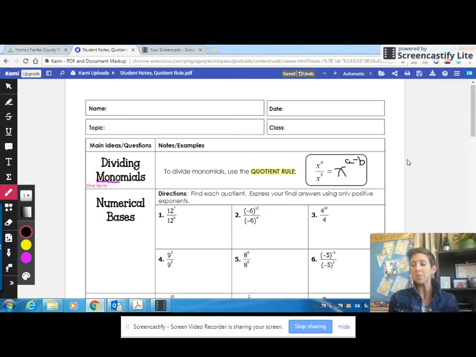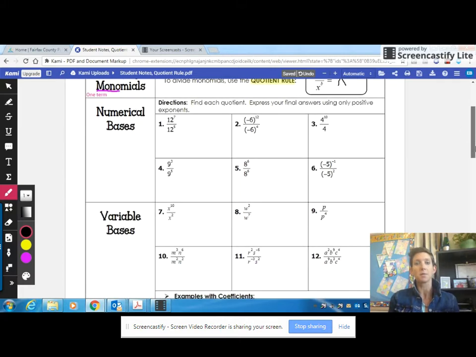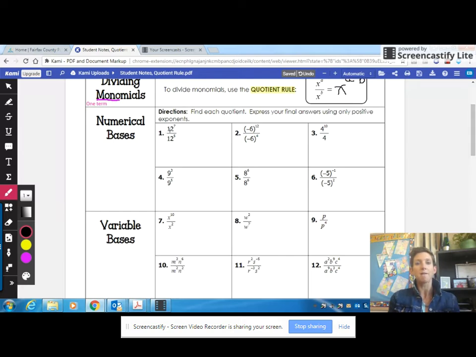So let's look at some examples here. We're going to do some odd problems. You'll notice that we have the same base, 12, raised to the 7th power and to the 5th power, and it's expressed as a fraction. You need to remember that that fraction bar represents division.